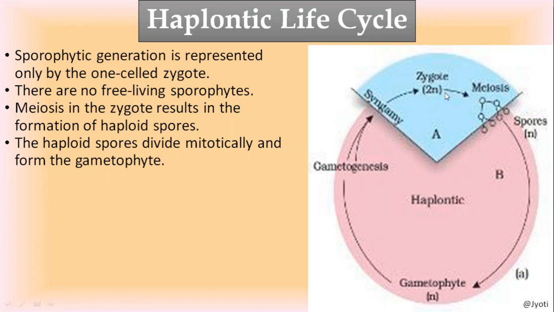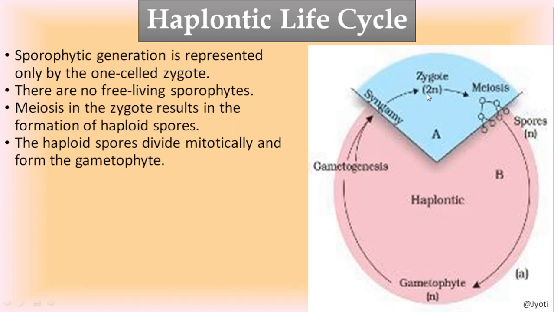So this type of life cycle, where the diploid phase is less lived and the haploid phase is long-lived or predominant, is called haplontic life cycle because the haploid phase is predominant. Here the sporophytic phase is represented only by the one-celled zygote.